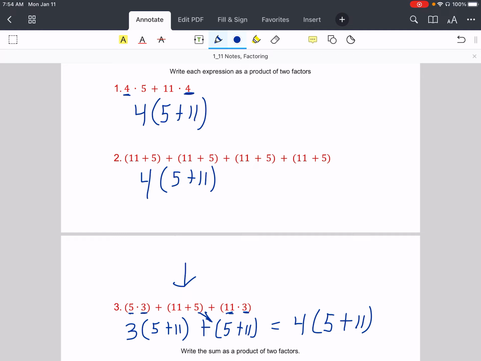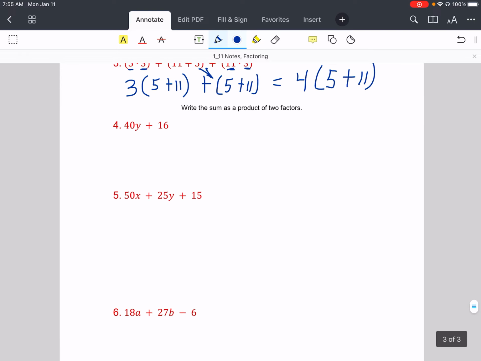And when the examples say to write each expression as a product of 2 factors, that means we want to have a multiplication problem where, in this case, we're doing 4 times 5 plus 11. Eventually, if we were solving this, we would certainly make it 4 times 16, but as we are just factoring, we are keeping it with the simple numbers.